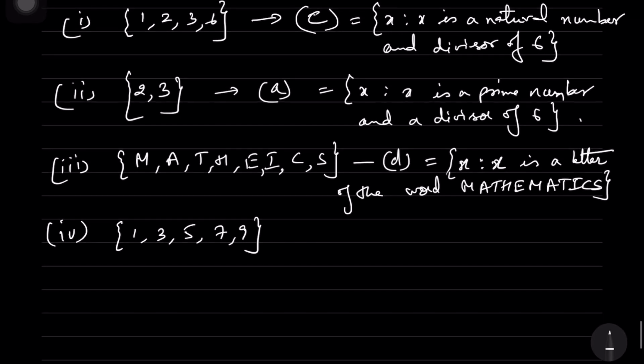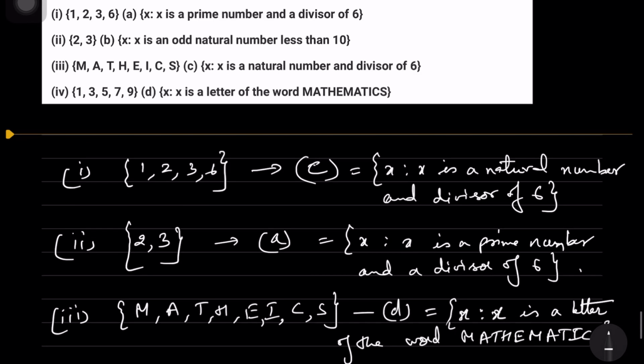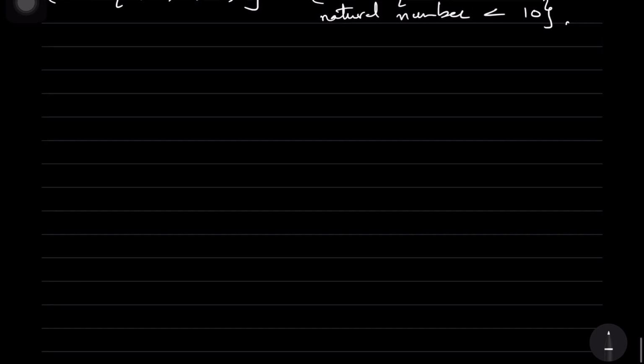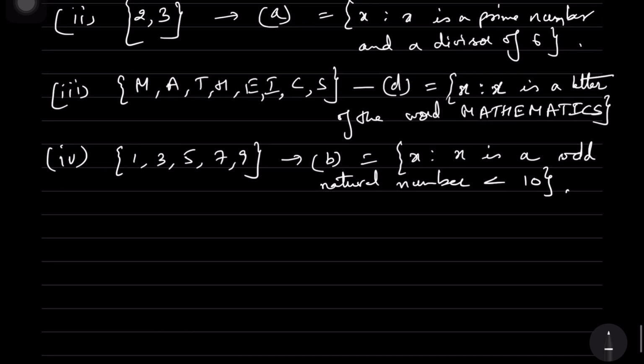So 1 3 5 7 9 is matching with B, which is equal to set of all x such that x is an odd natural number less than 10. So this is the first exercise. Then we will come up with the second exercise after this.